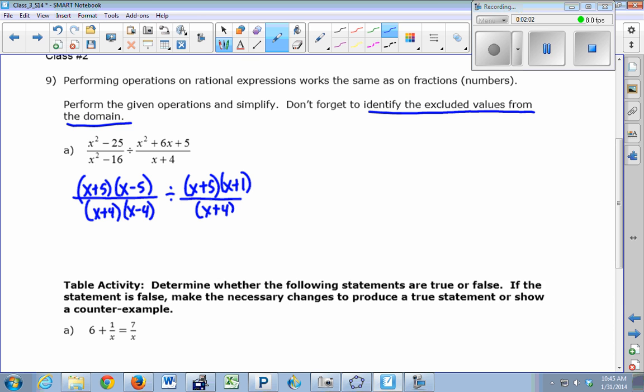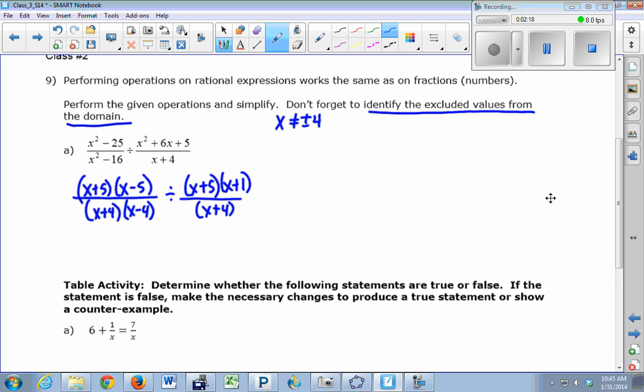And we said, okay, what's going to make each denominator 0? What values? And then we excluded them. So we noticed, as it's written right now, as a division problem, it couldn't be plus or minus 4.